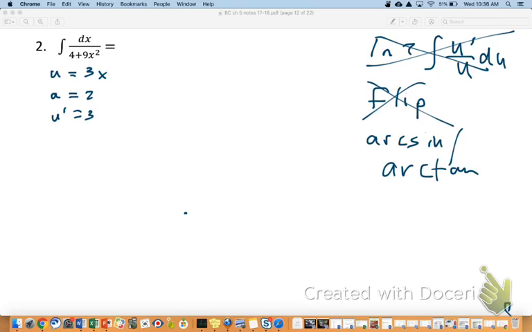So Timmy messed it up. So I would just go times 1/6. And I would end up with 1/6 arctangent of 3x over 2 plus c.